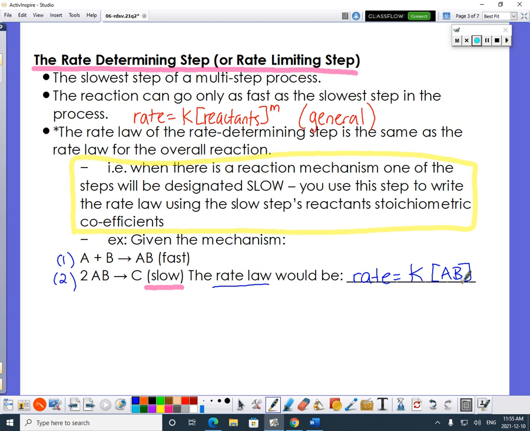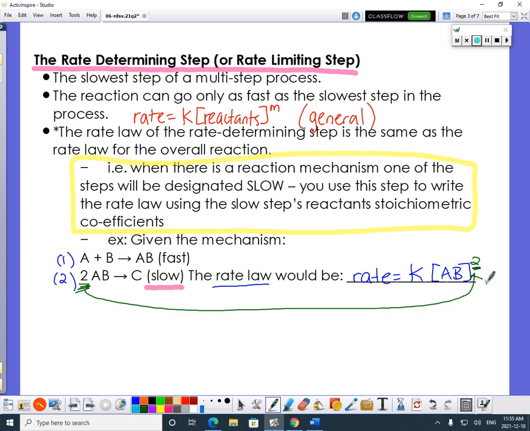And then the other type of question, we would have had to do the data and then figure out, like, say it was doubled and the rate was quadrupled, then write it as a 2 to the power of 2. This is so much easier. All you're going to use is the coefficients. So this is a 2. I get to make this a 2.